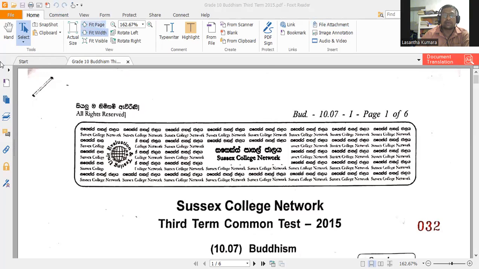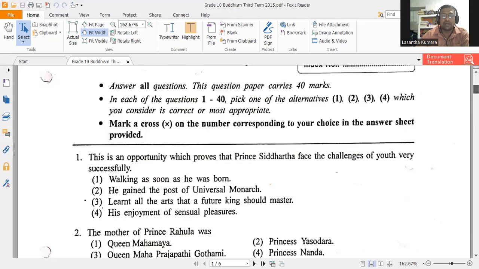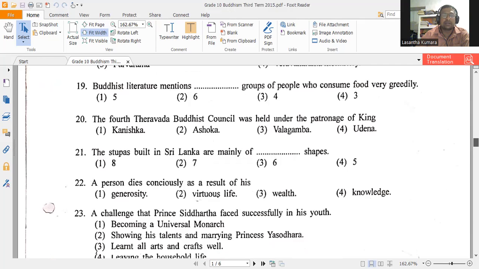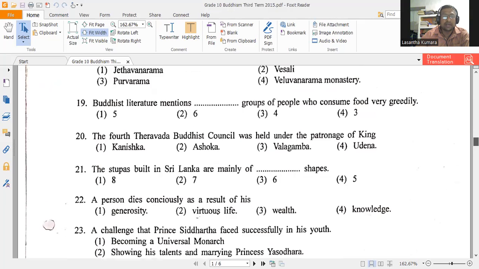There are 40 questions in the MCQ paper, and I think we discussed up to the 20th question. From the 20th question today we can go on. Today we have 21 also. Let's read 21.